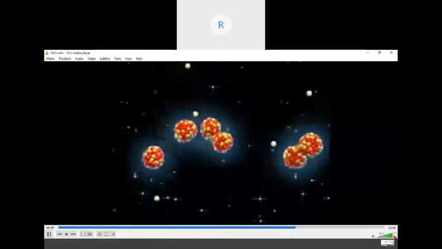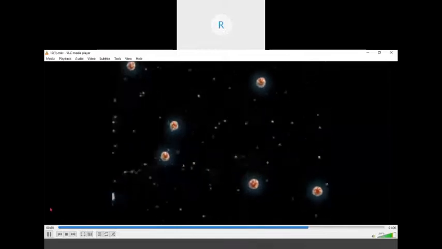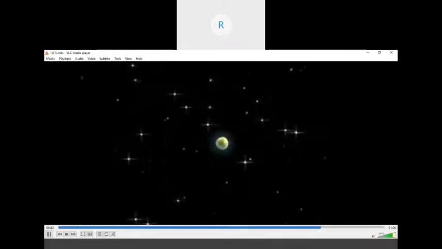If a sufficient or critical mass of uranium-235 is present, the reaction becomes self-sustaining, resulting in the release of massive amounts of energy in the form of heat, light, and ionizing radiation, an atomic explosion.